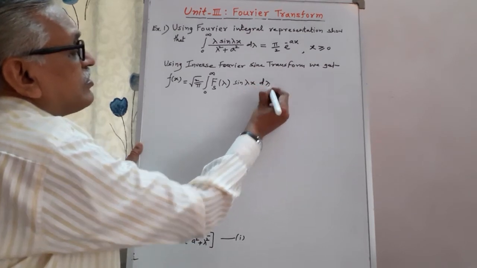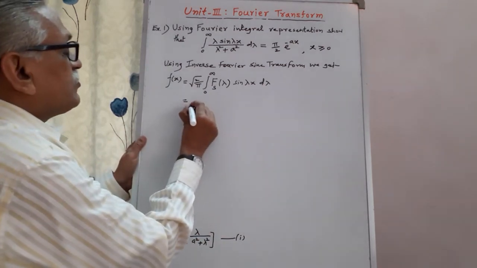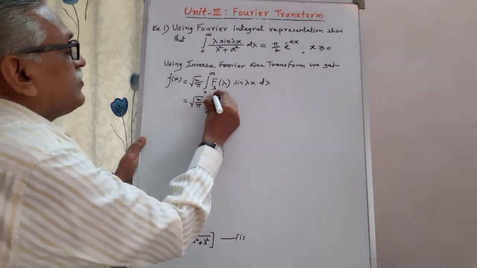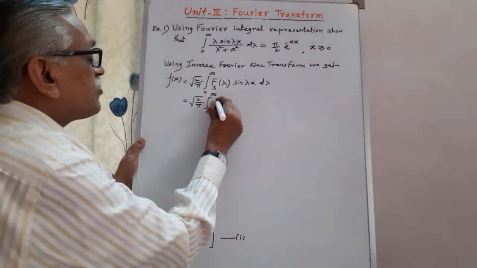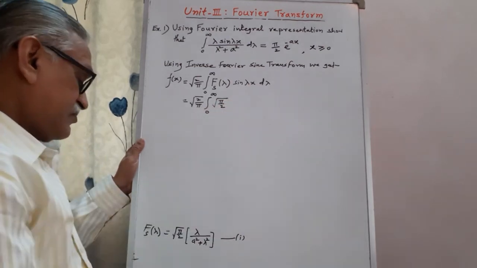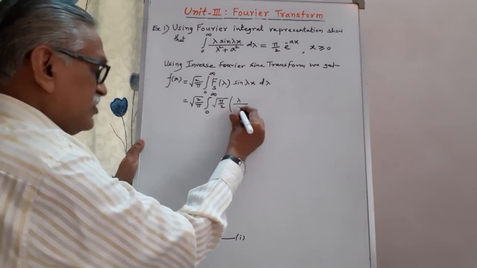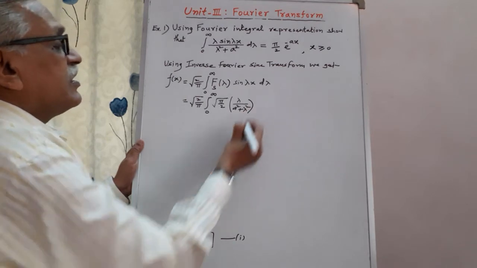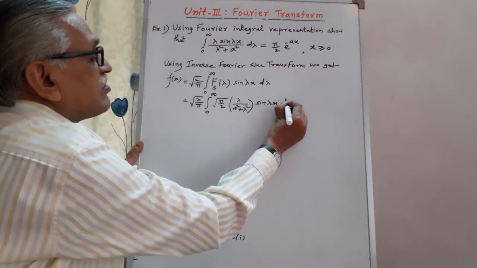d lambda. Using this formula, we get it is equal to root 2 by pi integration from 0 to infinity, the value of Fs lambda from equation 1 as root of pi by 2 into lambda upon a square plus lambda square into sine lambda x d lambda.